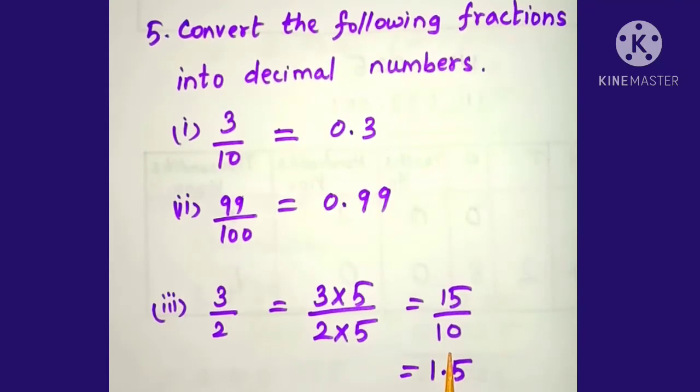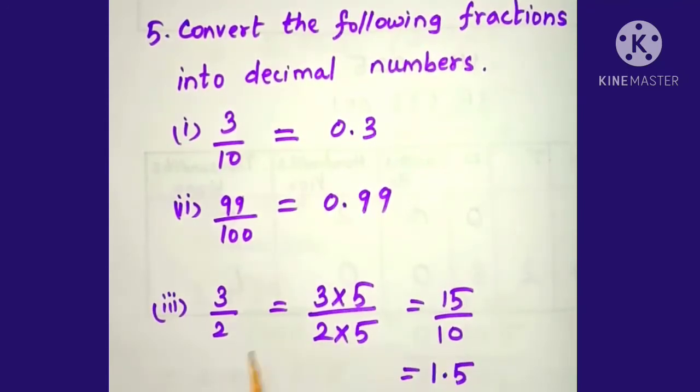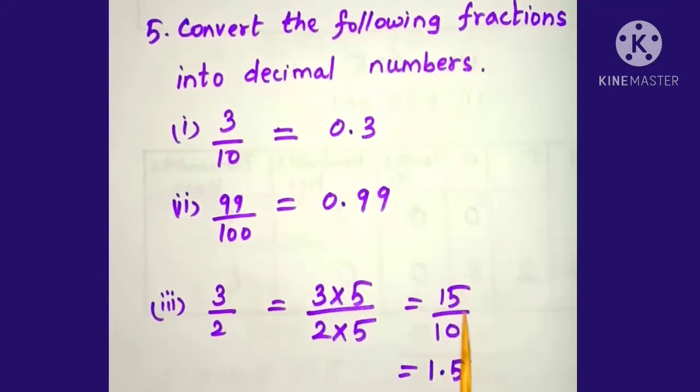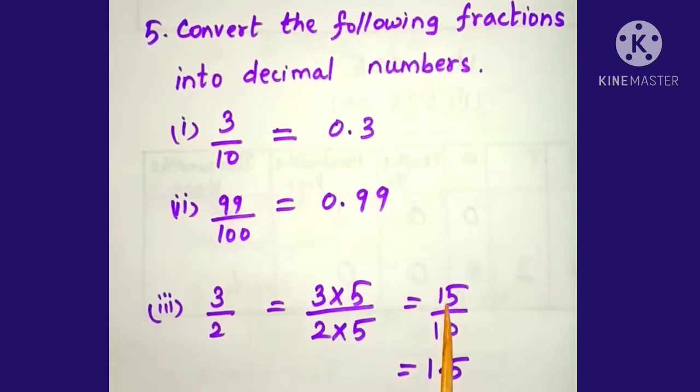So we have to find a fraction equivalent to 3 by 2 whose denominator is 10. That is 15 by 10. Now it is easy to convert the fraction 15 by 10 to a decimal number. That is, 15 by 10 is 1.5. There is one 0 in the denominator, so we have to put the decimal point before one digit. So the point is between 1 and 5. So that is 1.5.